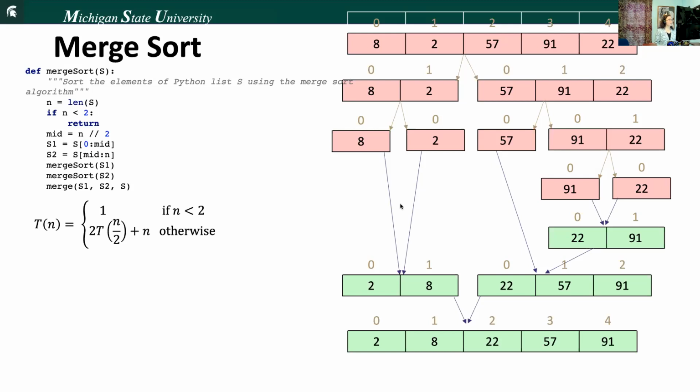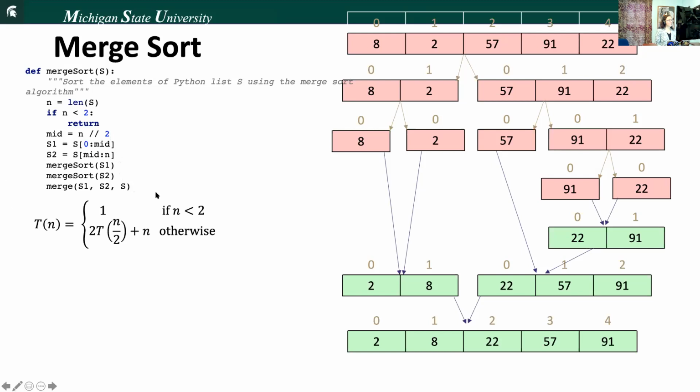What is the recurrence? I have constant amount of work here. I have algebra here that I'm dividing it by half, doing some assignment operation. 2 recursive calls here. I have a call to a method that runs in linear time.